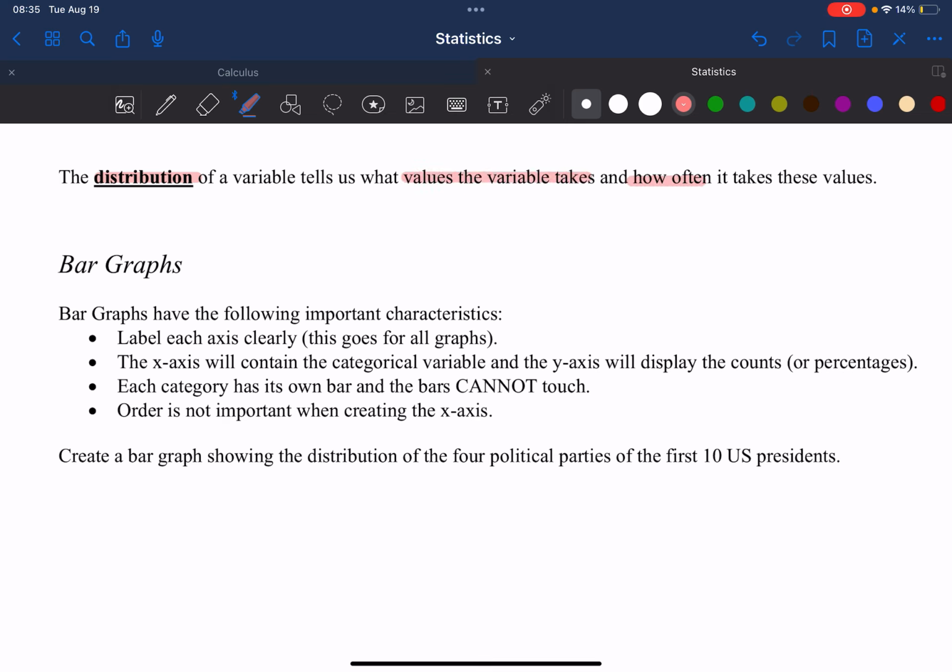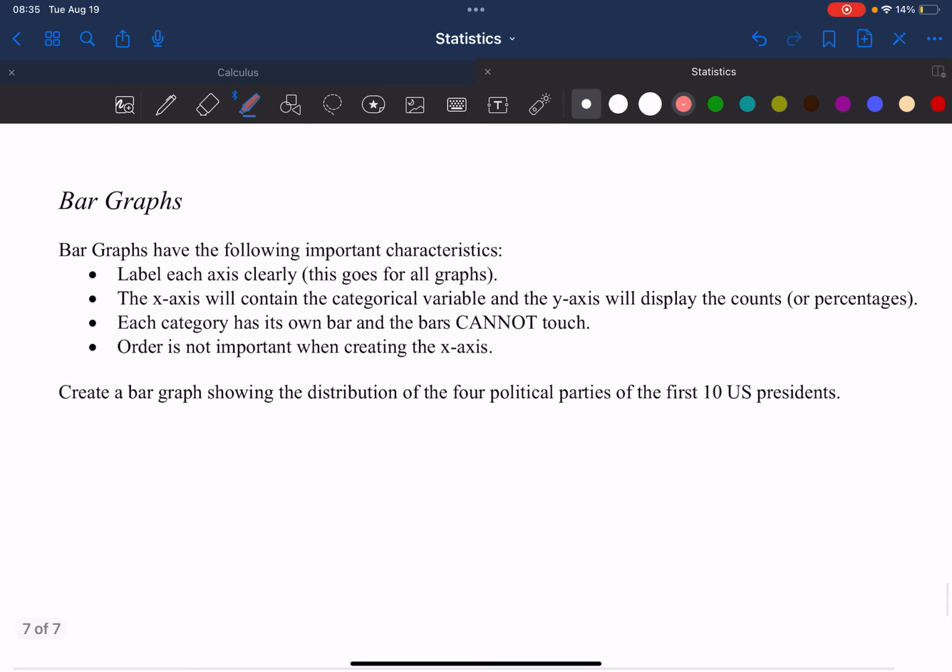And for us, it's a lot easier to look at, for example, a bar graph, and be able to easily identify certain aspects of it instead of having to read a table and compare data that way. So when you are asked to look at a distribution, most often it is in some type of visual graph. Right now we're going to look at bar graphs.